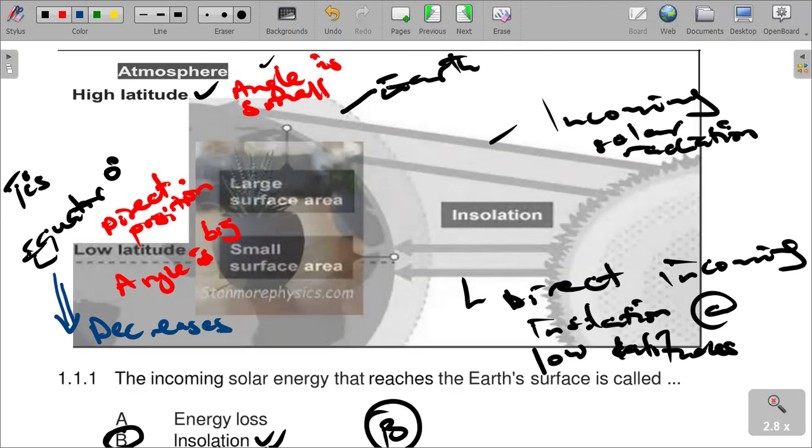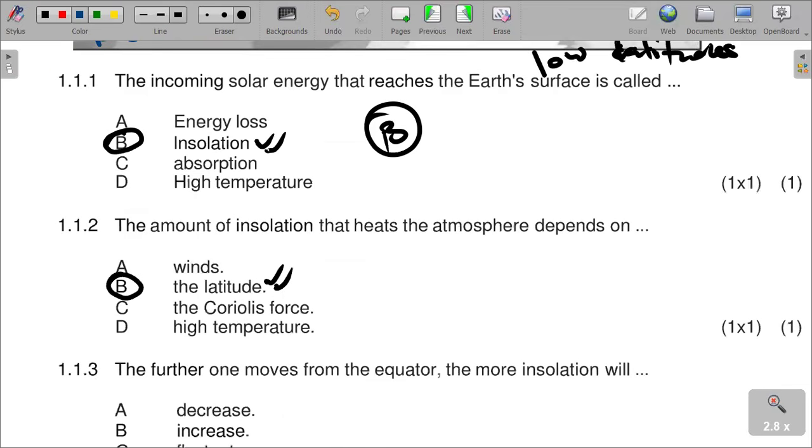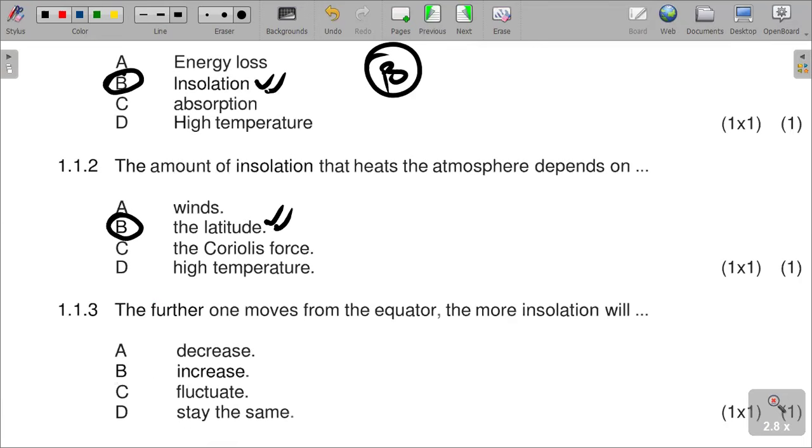It tends to decrease as we move away. The amount of energy decreases. It identifies that the insolation decreases with the distance from the equator, so the answer is A.